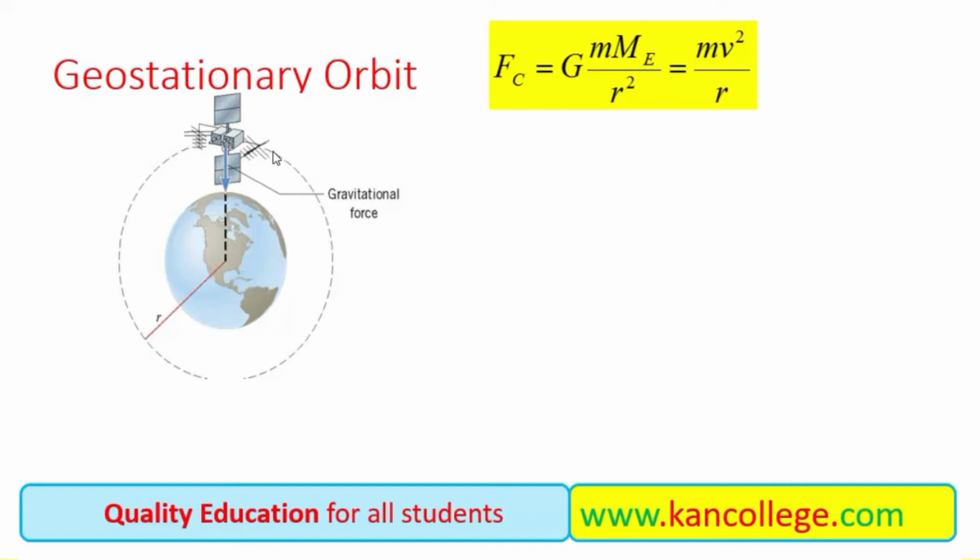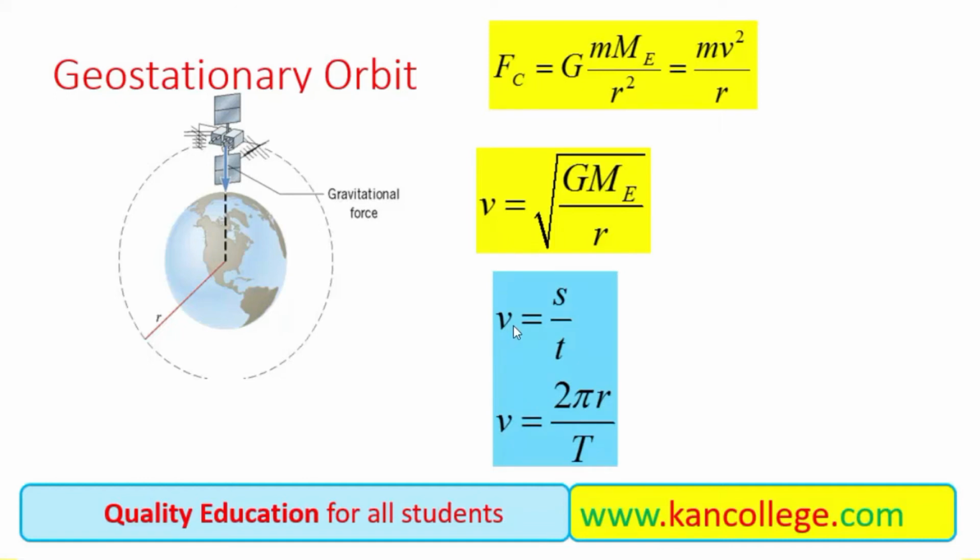We know that centripetal force keeps the geostationary satellite moving in a circle, using the formula F is equal to mv squared over r, and we know that this centripetal force is provided by the pull of the Earth, which is the force of gravity or gravitational force calculated by this formula. And by equating the two terms, we get the velocity.